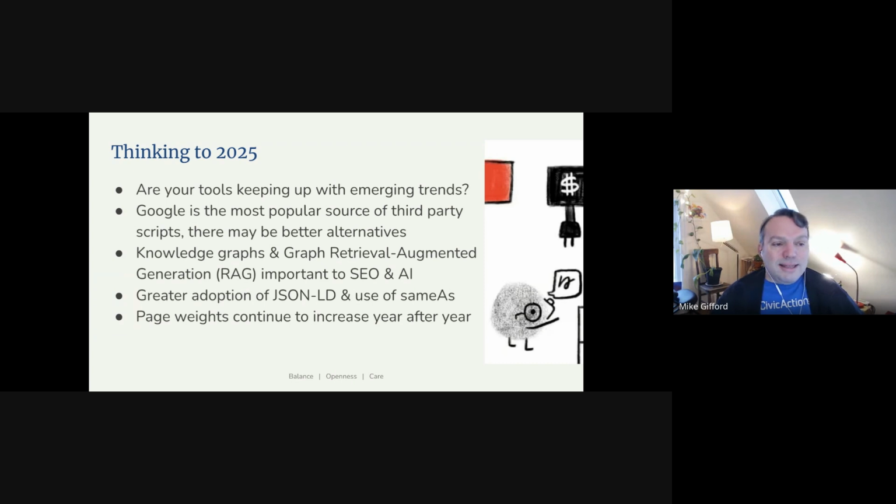I wanted to think ahead to some emerging trends. You can definitely look at the most popular CMSs, and WordPress is still by far the most popular CMS on the platform, but Drupal and Joomla are definitely included in that as well.